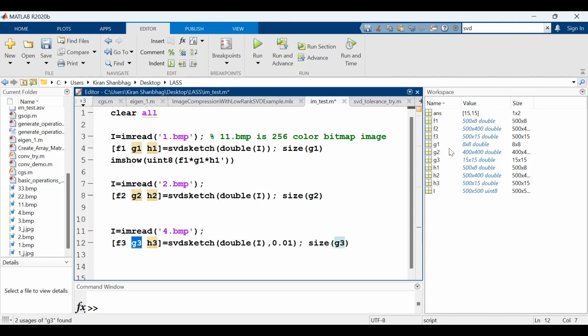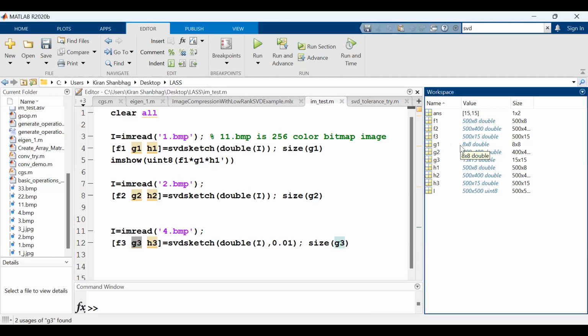But you see the size of the singular value matrix. G1 is an 8 cross 8 double. G2 is a 400 cross 400 double. And G3 is a 15 cross 15 double. Now, what's with G3? G3 was the most pale one, right? Image 4 was the most pale one.